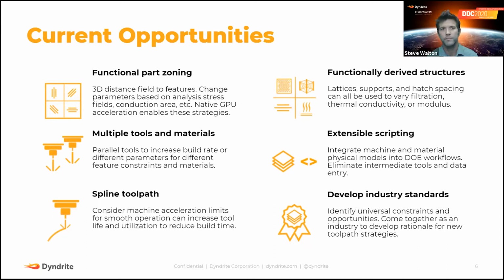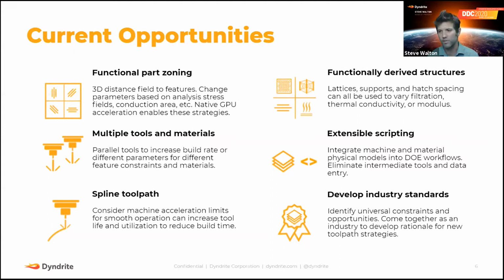but also increase utilization to reduce build time. Let's make functionally derived structures such as lattices, supports, and more dynamic hatch spacing to enable more graded material properties. Also, we have opportunities to extend this tool through the Python API and other scripting environments, again to eliminate intermediate tools and data entry problems.